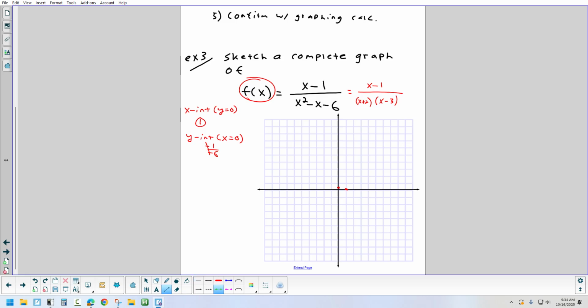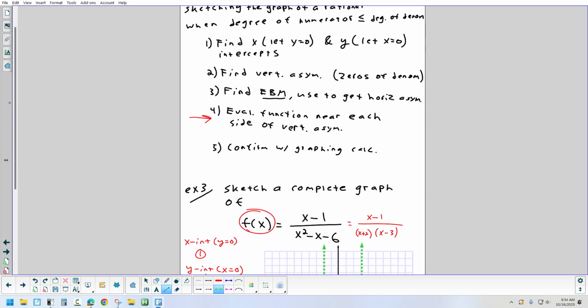So I'm going to put in 2 vertical lines, one at -2, one at +3. Also, when you are sketching a graph, you never cross a vertical asymptote. You can't, right? So that tells me right away that when I sketch this graph, it's going to be in 3 separate pieces. All right, so I've got my vertical asymptotes.